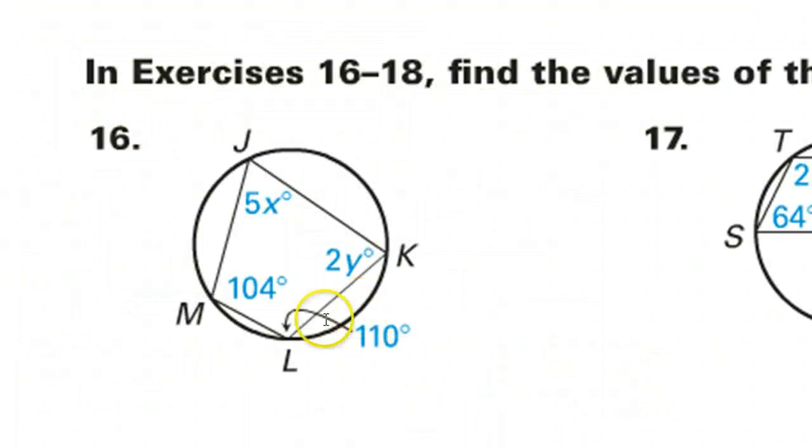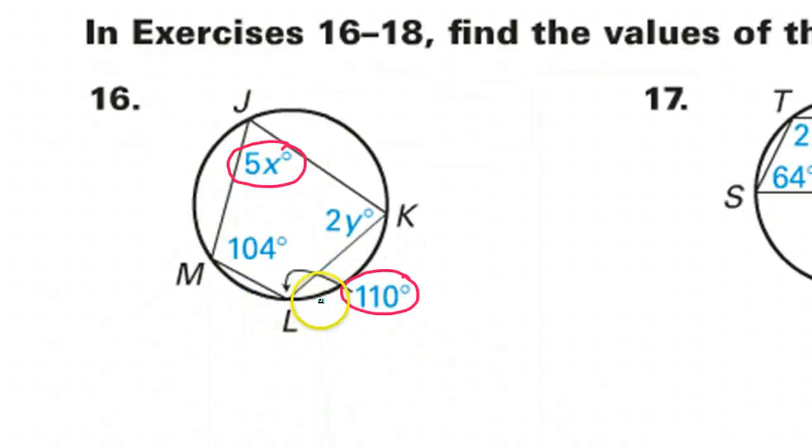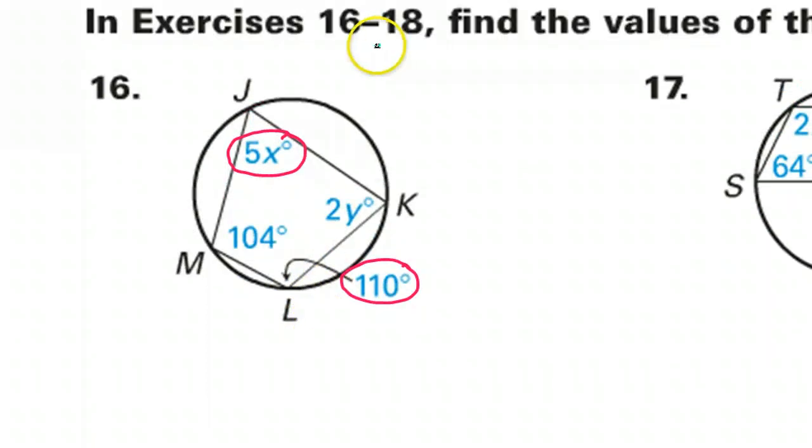So that's what we're doing here. Opposite angles are supplementary. So I'm talking about 5x and 110. Now these are not equal. Notice that this is an acute angle, this is an obtuse angle. They're not equal, they are supplementary. So we're saying that 5x plus 110 should equal 180.